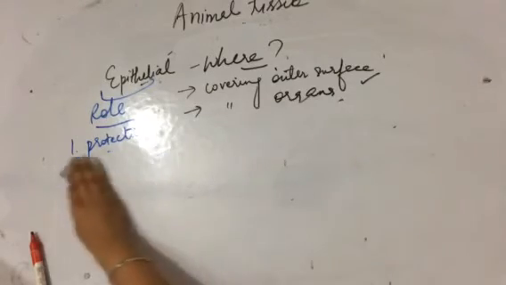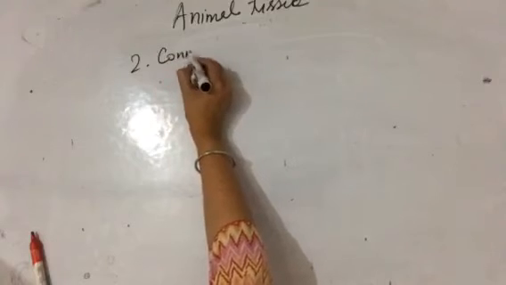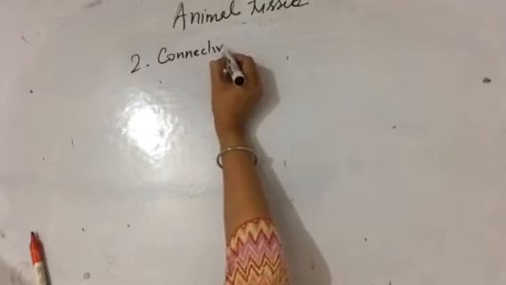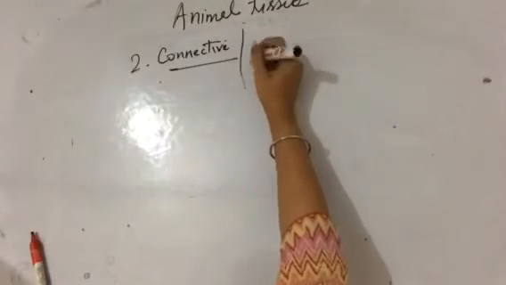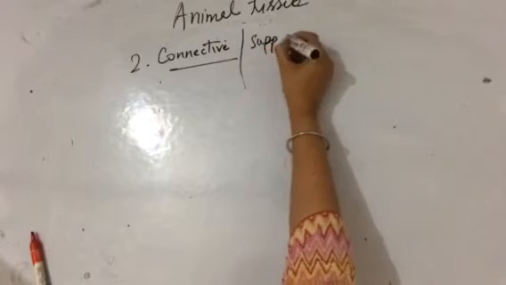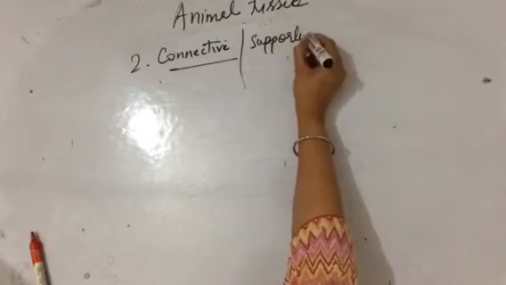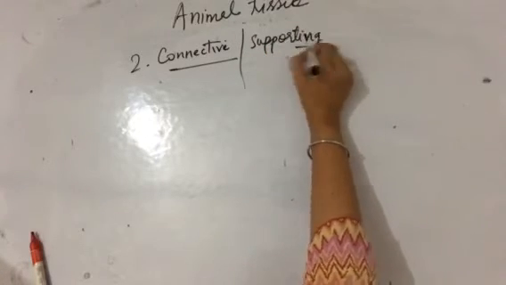Second type is connective tissue. Before that, connective tissue is also known as supportive or supporting tissue.